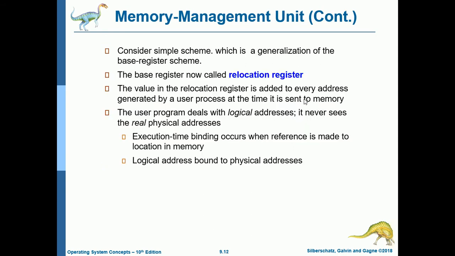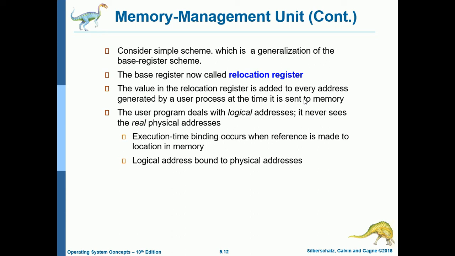So consider a simple scheme, which is a generalization of the base register scheme. The base register is now called a relocation register. The relocation register is a CPU register whose value is added to every logical address to create a physical address. This is for primitive memory management.